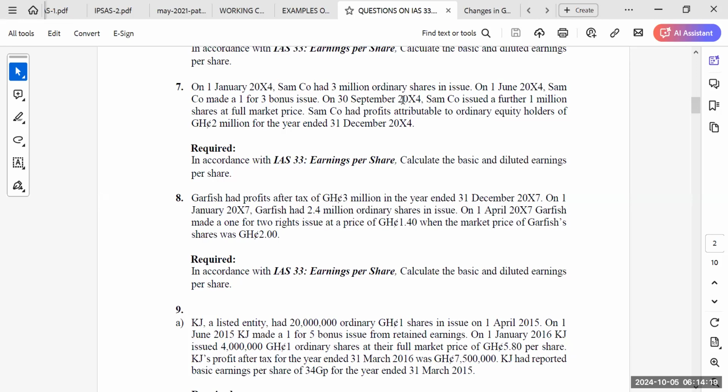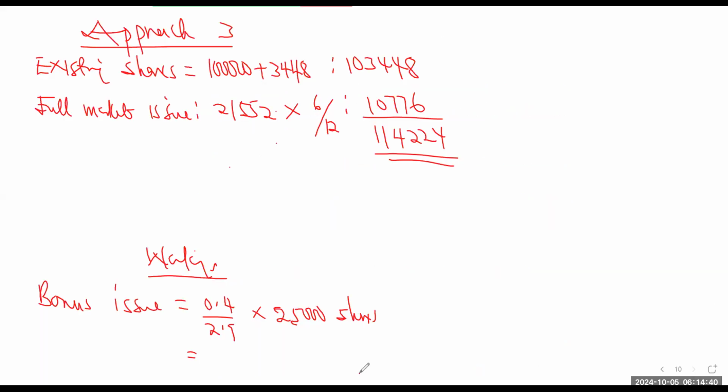Okay. All right. So we can see that what would be the percentage of this particular issue? 1-for-2. 50%. Okay. That would be 50%. This one we don't do the right issue fraction over here. We don't multiply by the right issue fraction. This is a bonus issue.